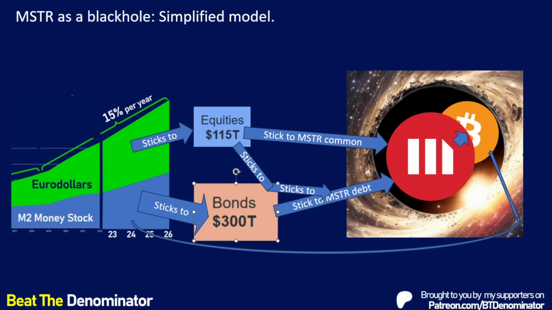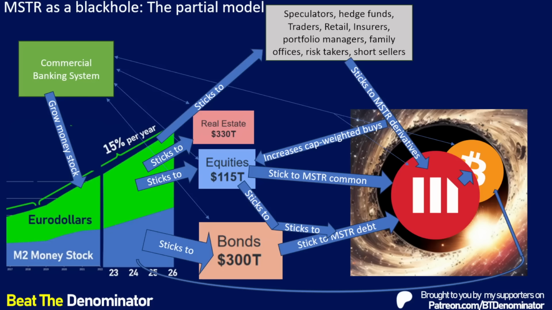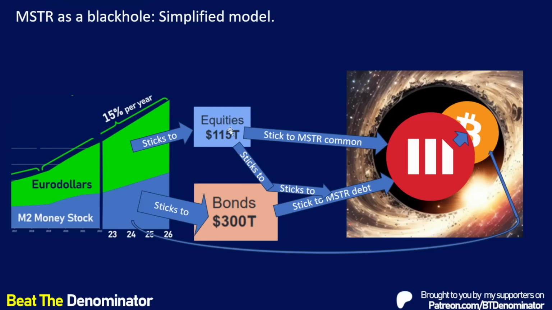Now, let us talk about the partial model. I'm going to call it the partial model because maybe someday, one day, I'll develop a full model. But this is a partial model, and you can see how this is a little more complicated. Now, let's talk about just one tiny thing that I haven't talked about, which is equities themselves. So equities themselves, first of all, they also could buy the debt of MicroStrategy.